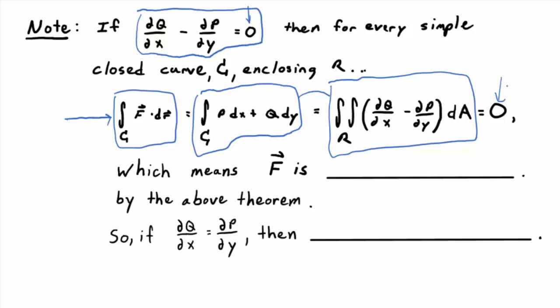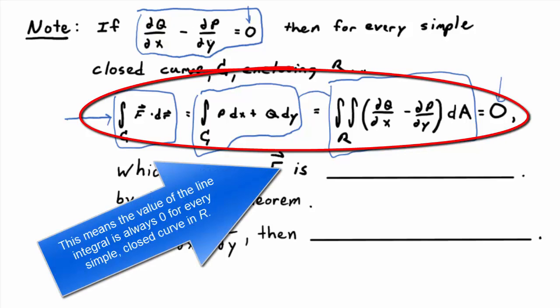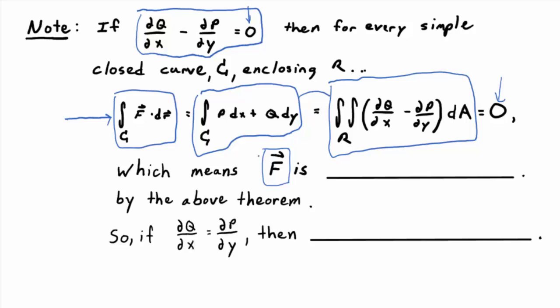So what does that mean? If this is always true, that dQ/dx minus dP/dy is equal to 0, then what does that have to mean about F according to the last theorem? That's it. It's conservative. You win the prize. I don't know what the prize is, but. So this gives us a test that I actually mentioned in the last section.